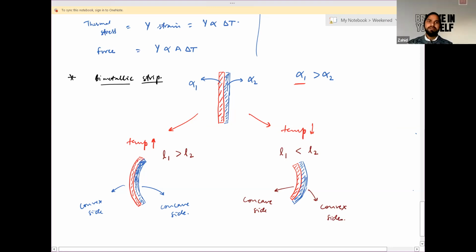So you will be given a bimetallic strip having alpha 1 greater than alpha 2. You'll be asked, if you increase the temperature, which will go towards the convex side or the concave side?